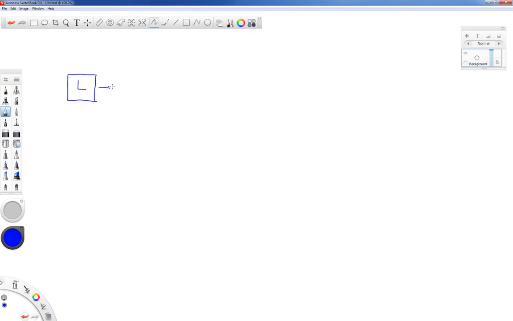Okay, so here's our coordinate system. We have a sigma x, sigma y, and tau xy. These are the directions for positive values for those three stresses. So positive stresses are tensile stresses. Negative stresses are compressive stresses.